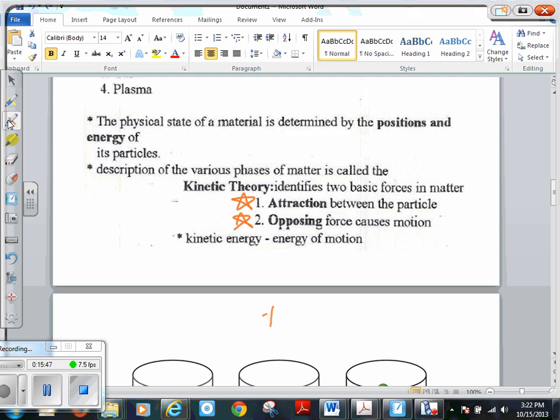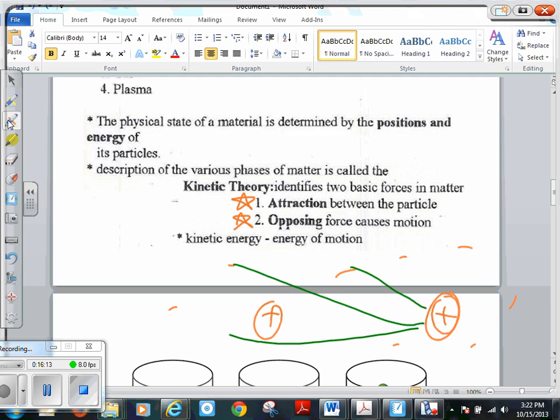So if you think of an atom, we know that there's positives in the middle, in the nucleus, and there's negatives on the outside, right? And then the next atom is going to have positives and negatives on the outside. So the fundamental law of electricity is opposites attract, right? Remember we talked about that, didn't we? So this proton has an attractive force to these electrons of the other atom, and the electrons have that same force.